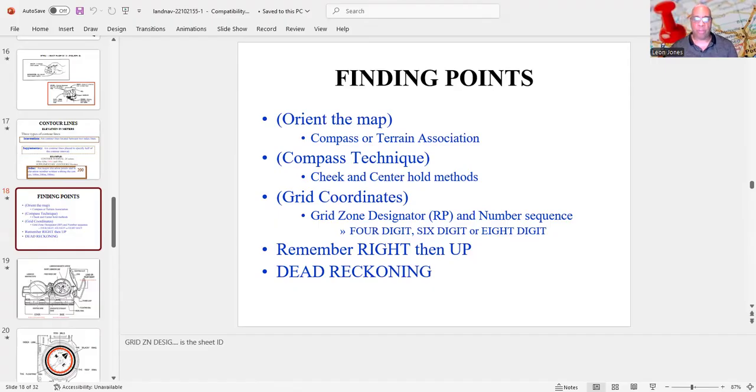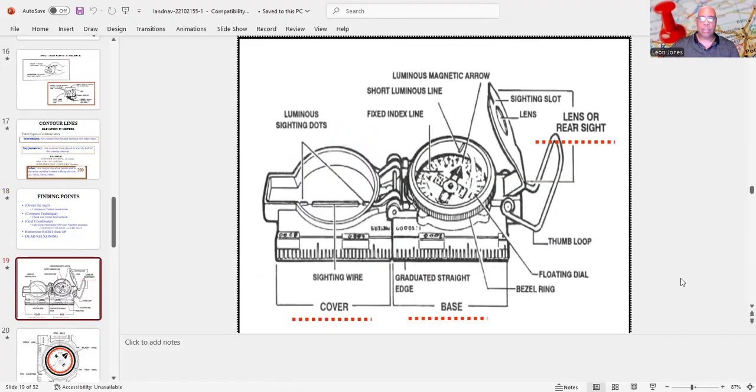Cheek and center hold methods. Grid coordinates. Grid zone designator. Number sequence, 4-digit, 6-digit, or 8-digit. Remember, right, then up. Dead reckoning. This is what a compass looks like.